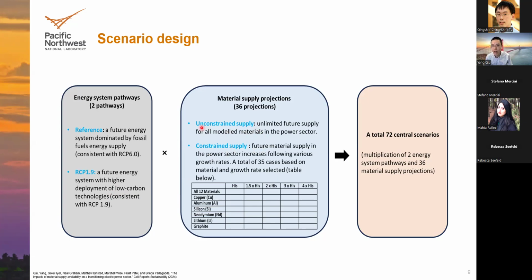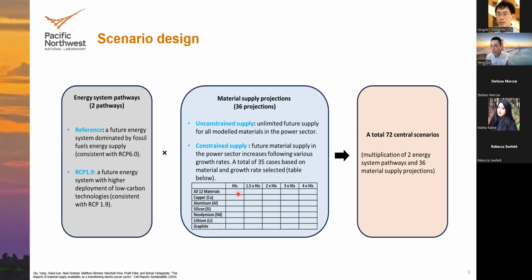So we have, for example, one unconstrained supply case, which basically assumes future material supply is unlimited. And then we also have different supply constraint cases. In those cases, we basically assume the future supply of different materials will follow the historical growth rate. And then, as you can see in this table, we looked at all the 12 materials we included, and also each individual material.